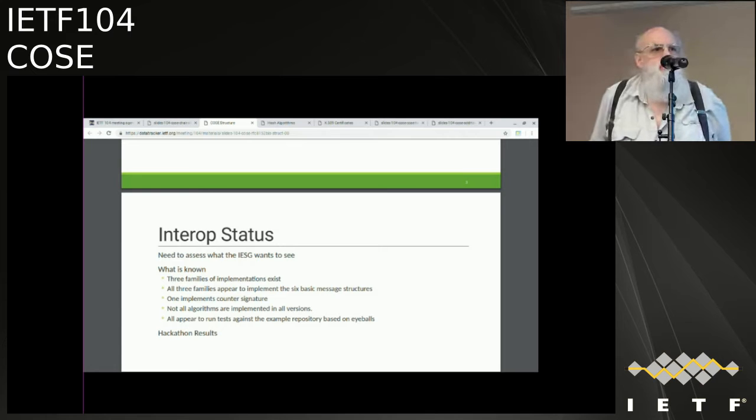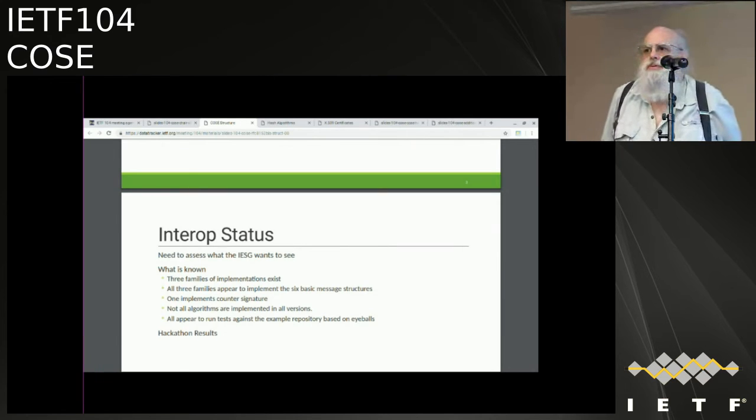Interop status. One of the things that we're supposed to do is to provide the IESG some level of, yes, we actually have multiple implementations at interop. And what we provide is whatever the ADs happen to want on that particular day.